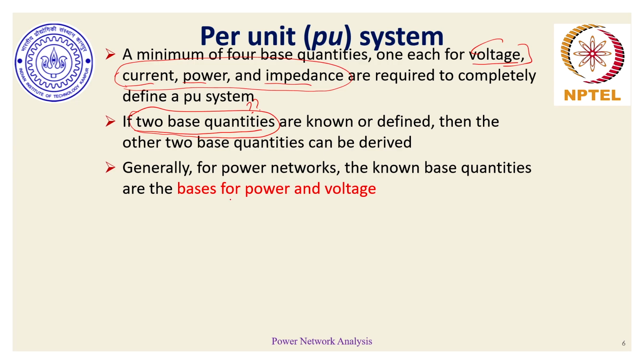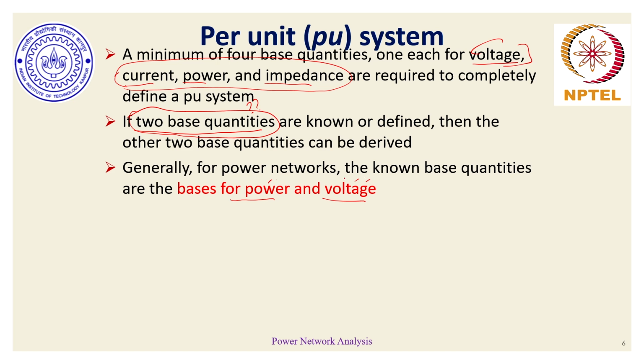So essentially we define base for power and voltage, and given the base power and base voltage, the corresponding base current would be the ratio of this base power and voltage, and the corresponding base impedance would be the ratio of the known base voltage and the base current.